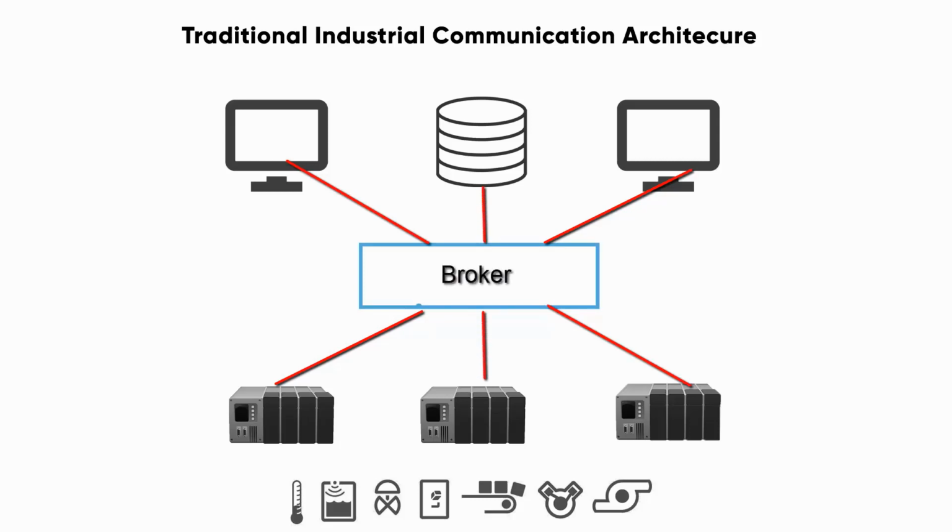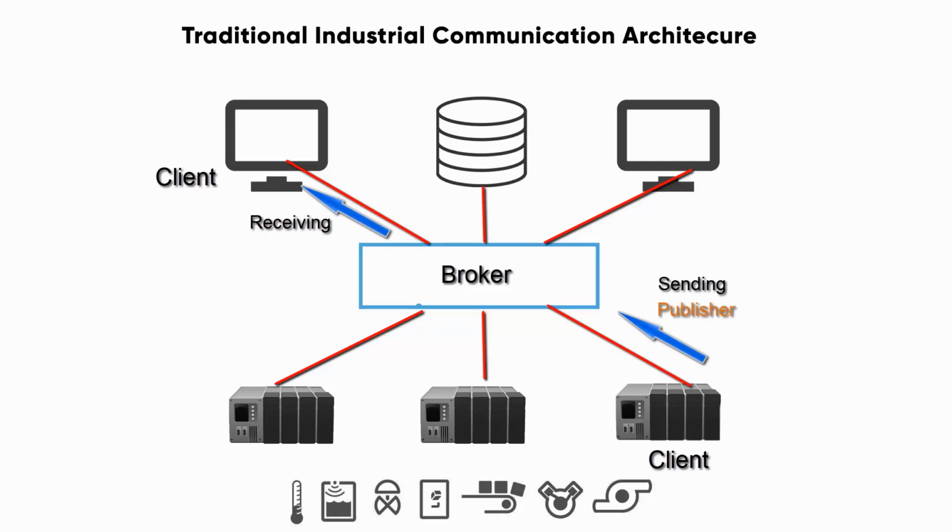Both participants, which could be a PLC and an HMI, are called clients, and they have the capability to send and receive messages through the broker. When a client is sending a message, it is called the publisher, and when it receives the message, it is called the subscriber. The job of the broker is to filter all incoming messages and distribute them correctly to subscribers.